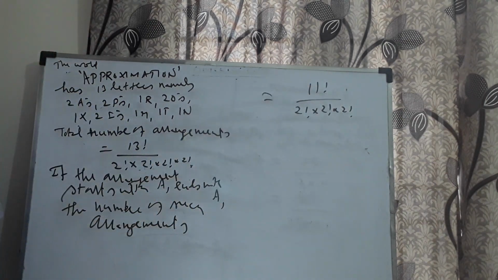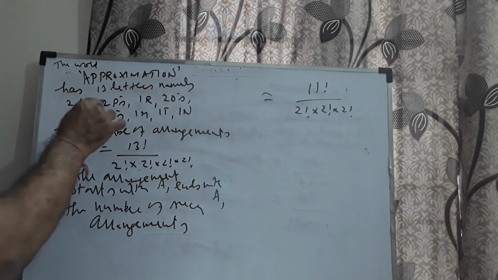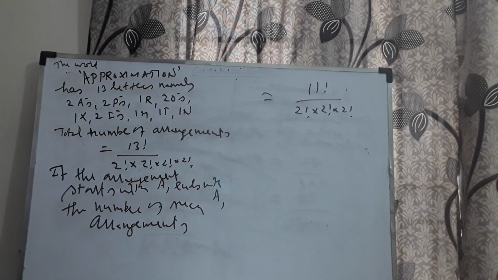I'll make the remaining arrangements with the remaining 11 letters. There are 2 P's and 2 O's and 2 I's. Only 3 letters are repeated twice.